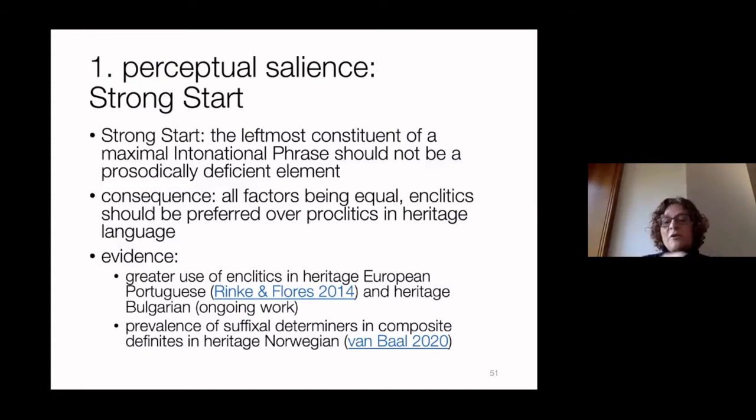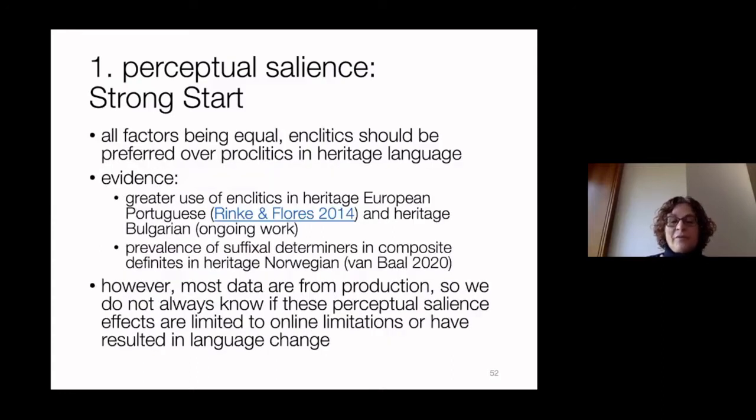And I'm not saying that strong start is not present in baseline languages, but it becomes much more prevalent in the grammar of a heritage language, and accounts for some of their rearrangement due to perceptual salience.